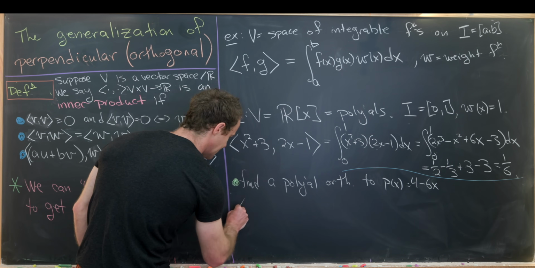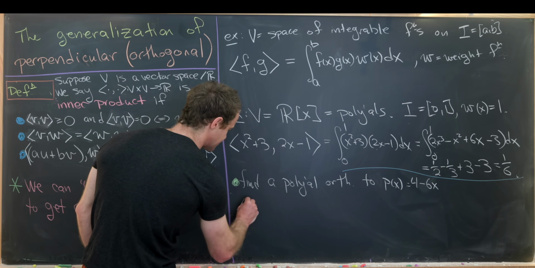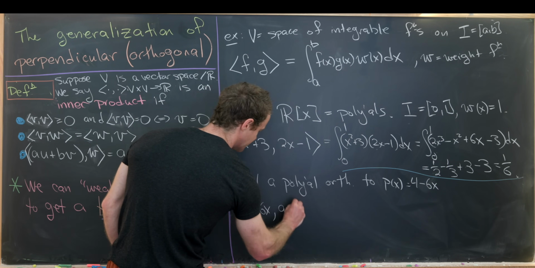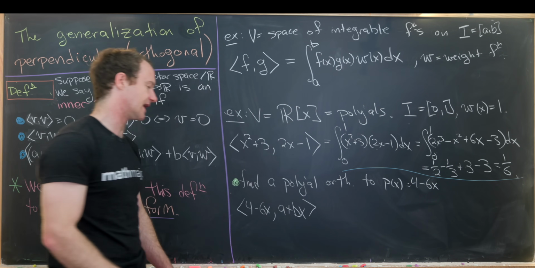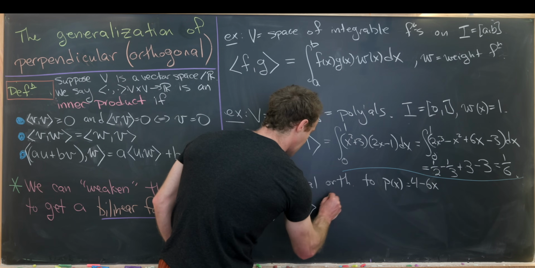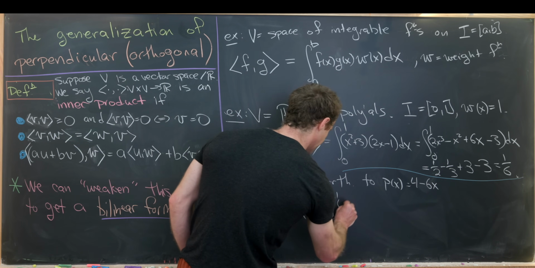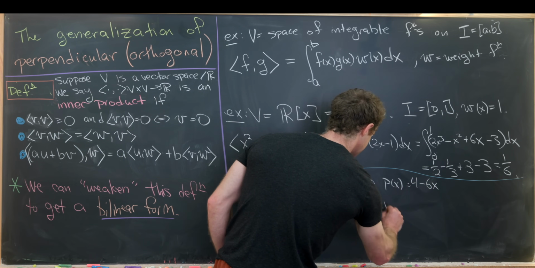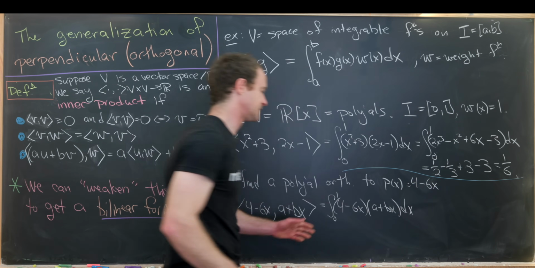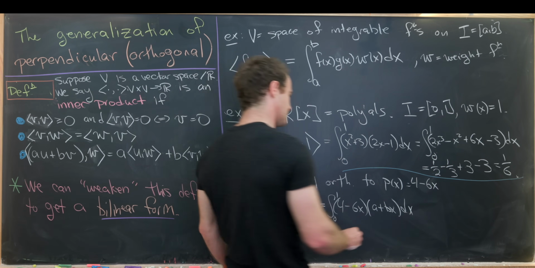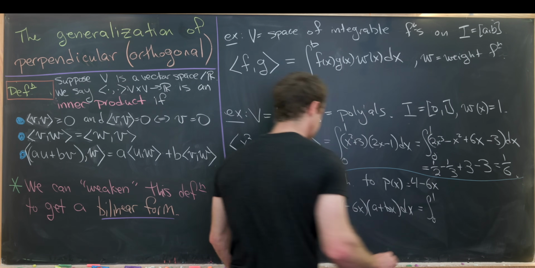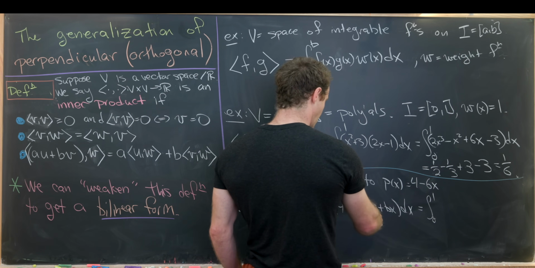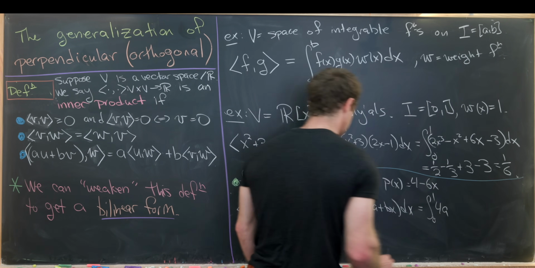So let's maybe look at the inner product of p of x, so that's 4 minus 6x, with an arbitrary linear polynomial, which would be like a plus bx. So that's going to be our integral from 0 to 1 of 4 minus 6x times a plus bx dx. So now we can multiply that out, and we'll get that this is the integral from 0 to 1 of, let's see what we have, 4a, so that'll be our constant term.